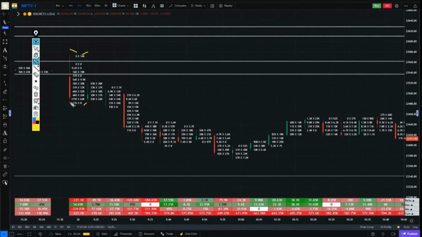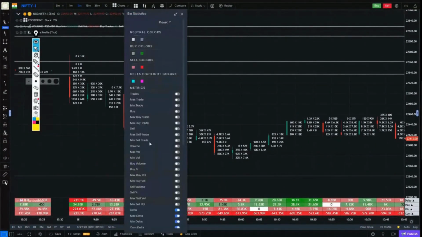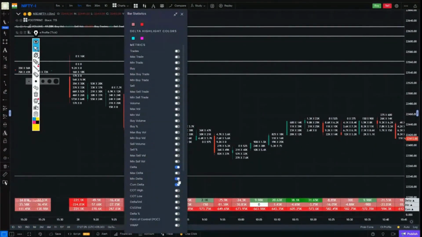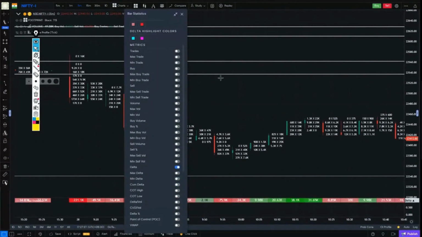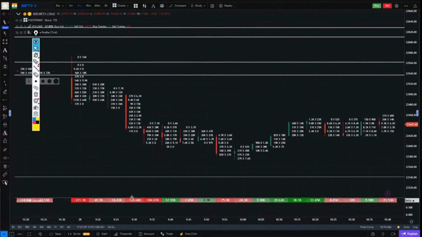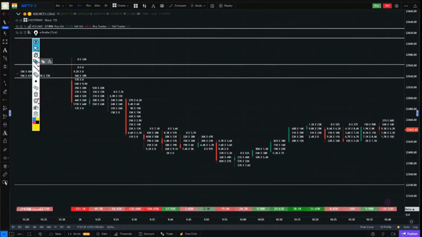To read the footprints properly, we need the help of delta. What is delta? Delta tells us the difference between the buyer and the seller. If I explain it a bit more clearly, you see this value below? This is the delta, like the first candle.